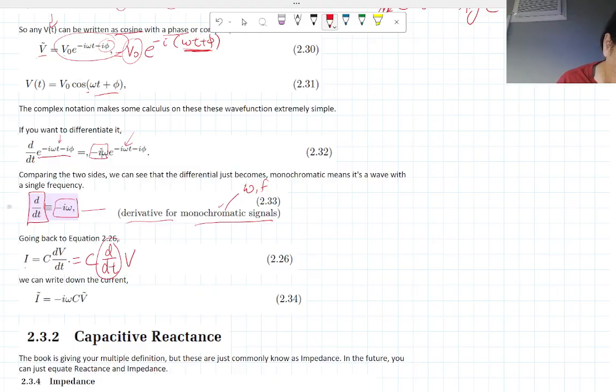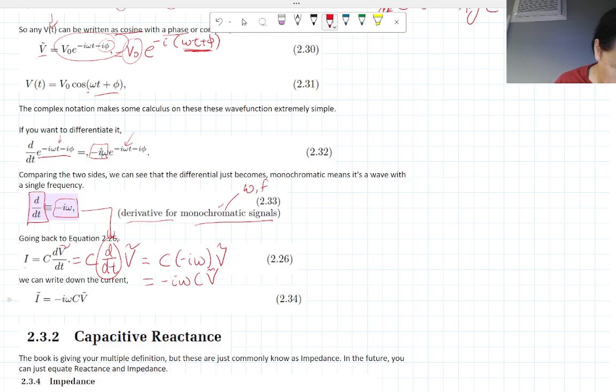We can replace this part by just negative i omega, C times negative i omega, and then get the voltage back. I'm going to rearrange things a little bit just to make it look nice. You can see that this is the same thing here. We're doing this complex version of it.